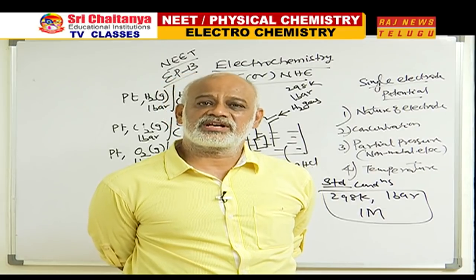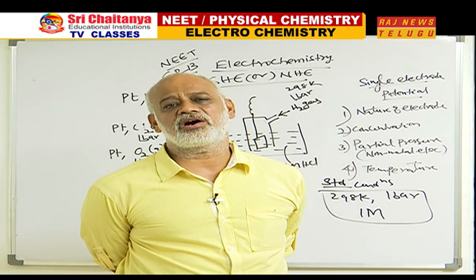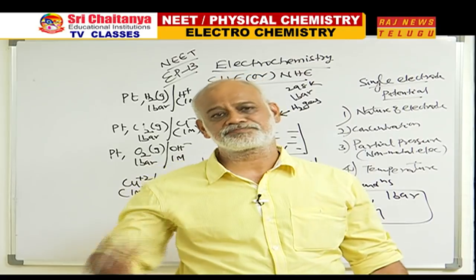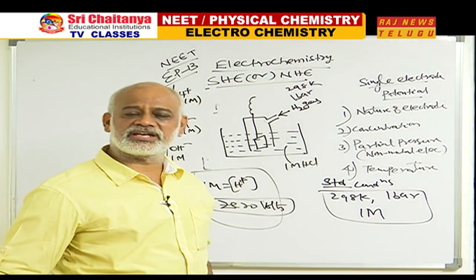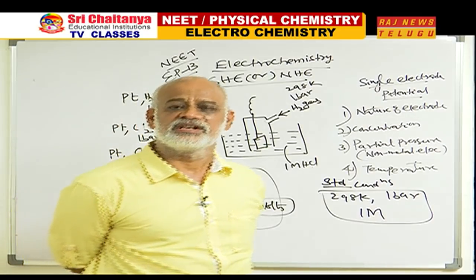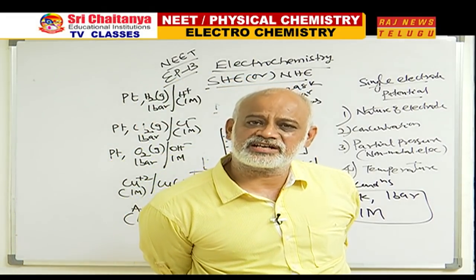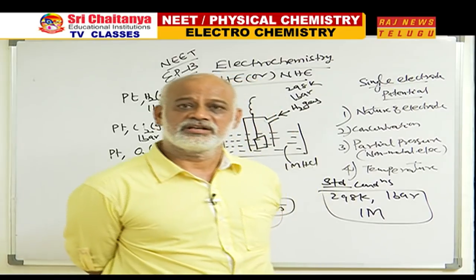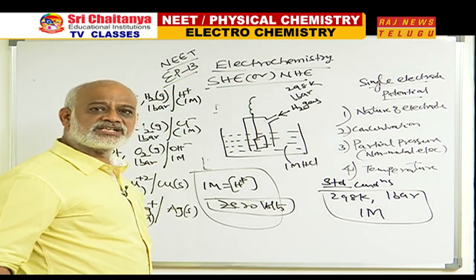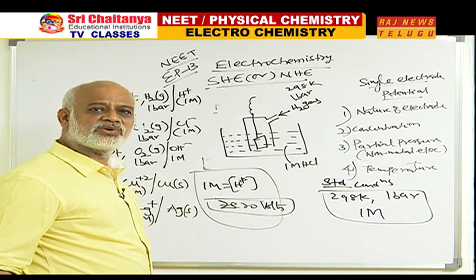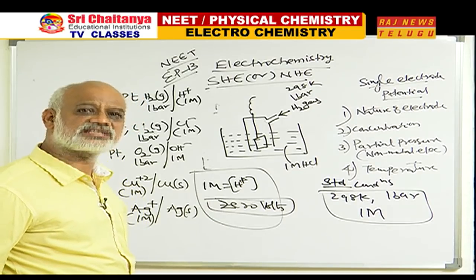This is the reference electrode in all reactions. This reference electrode is useful in the determination of various other standard electrode potentials. How? We conventionally fixed its electrode potential value under standard conditions as 0.